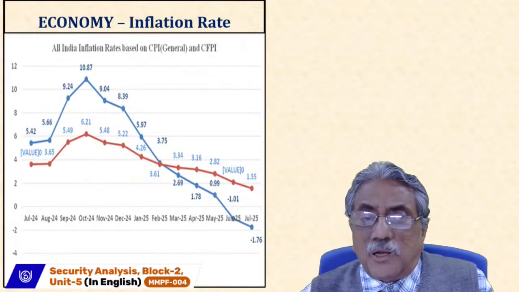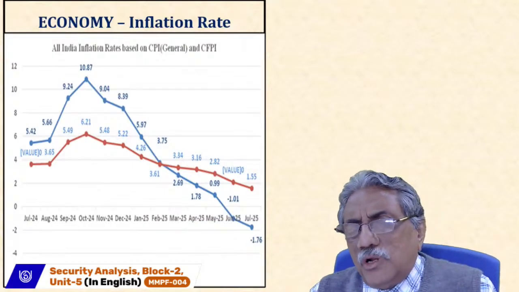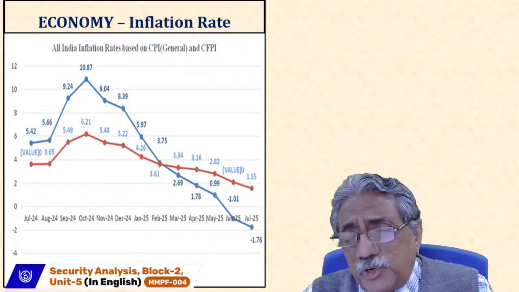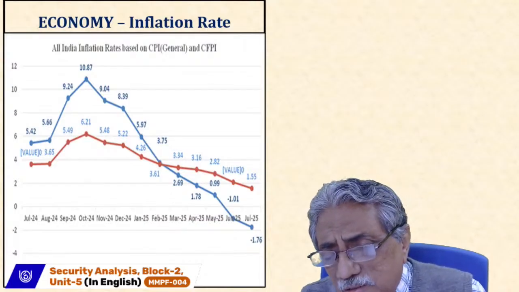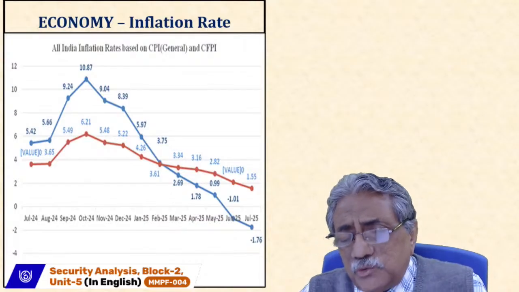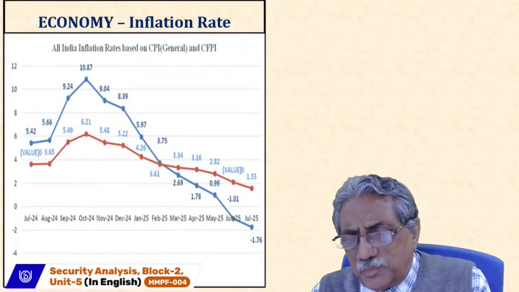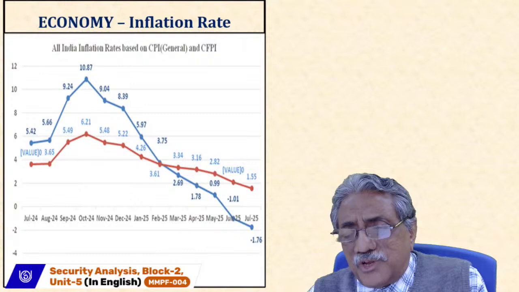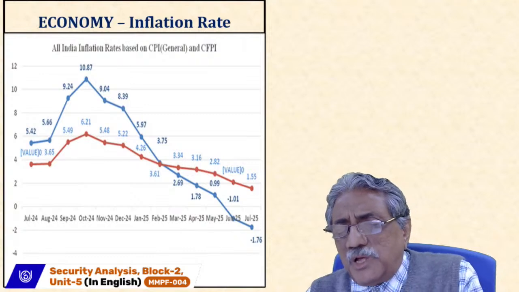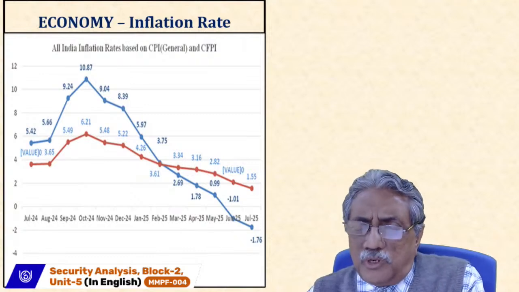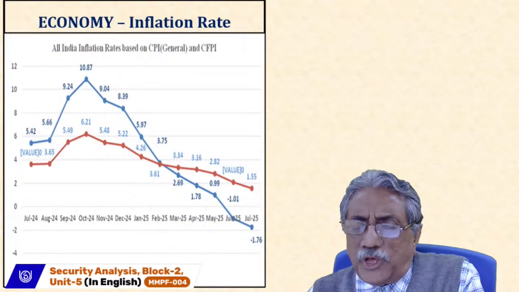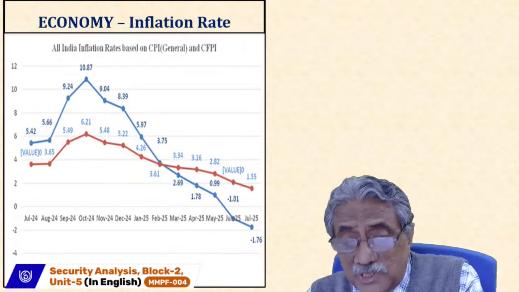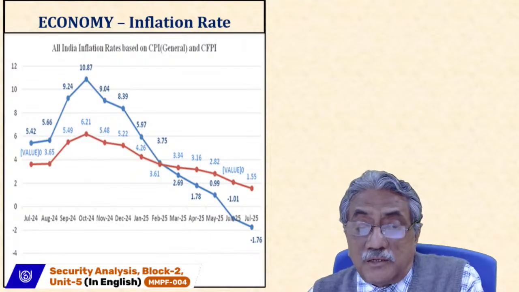Now if my buying power has gone up, then I will buy more. And if I buy more, then the producer will try to meet that demand. So the production will go up. If production goes up, then you need employees, you need machines, etc. So the machine manufacturer will also employ people, and new employees will also get salary, and they will also try to spend.